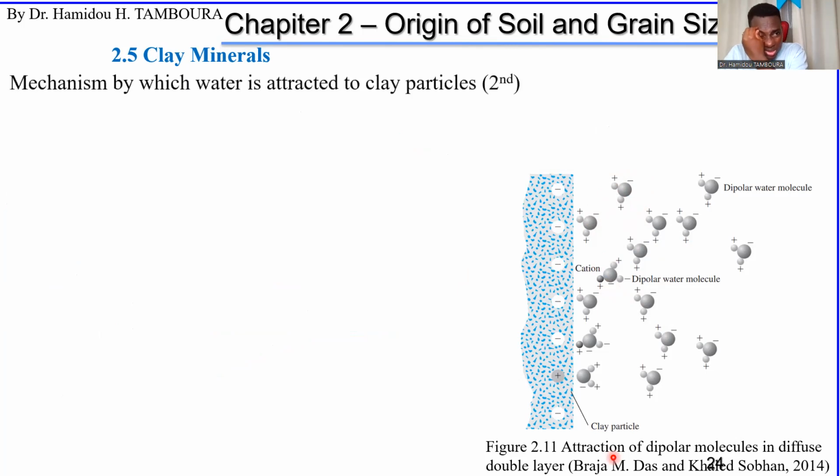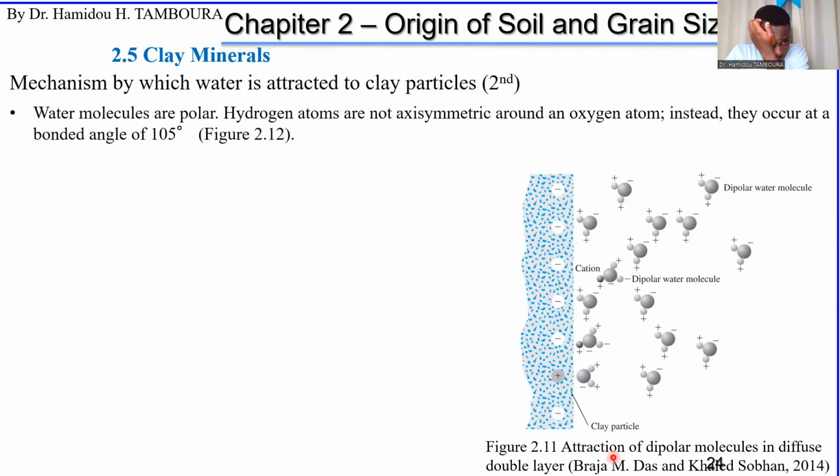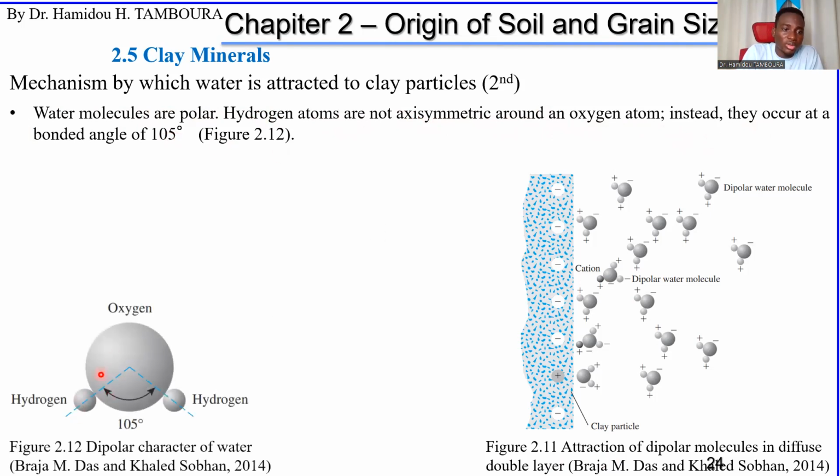So the second mechanism is, after adding the water, we know that water molecules are polar, the hydrogen atoms are not axisymmetric around the oxygen atom. Instead, they occur at a bond angle of 105 degrees. Like in this figure, this angle is 105 degrees.